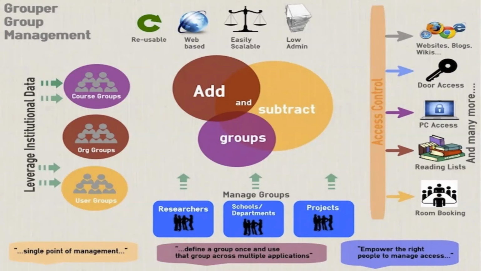A good example of such a thing could be library access to online resources, room bookings, anything that needs access can be provisioned to, as long as there's a way to do it, either through a plugin or through the resource reading the information off of an LDAP directory or a database. And access to the interface to Grouper can be done through a web-based interface for the most part.